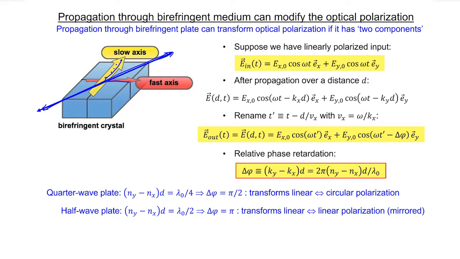a high refractive index. And to understand why propagation through a birefringent crystal can change the polarization, we need a little bit of math. So what we do is we start with this linear polarized input and decompose it along what we call the x and the y-axis defined by the birefringent crystal.